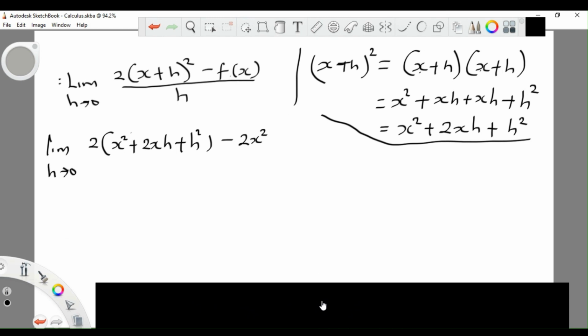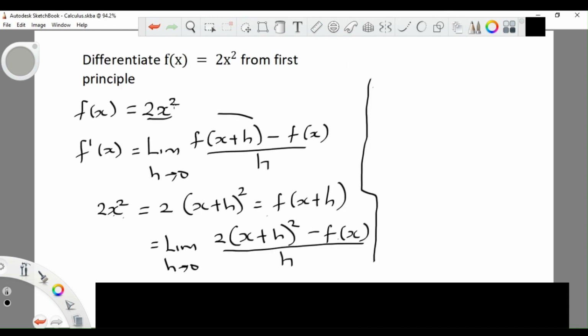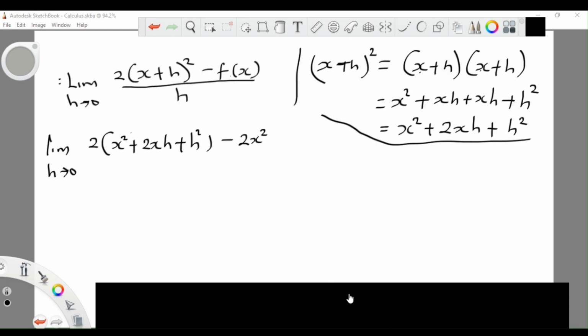Remember in the question, we are given that f of x is 2x squared. So our f of x is 2x squared, over h. So what next is for us to simplify the numerator by multiplying everything in the bracket by 2.